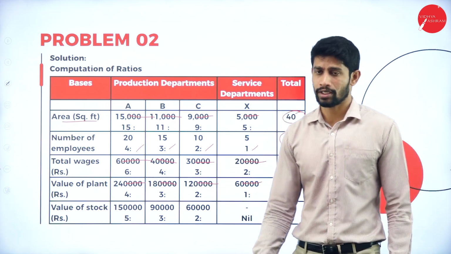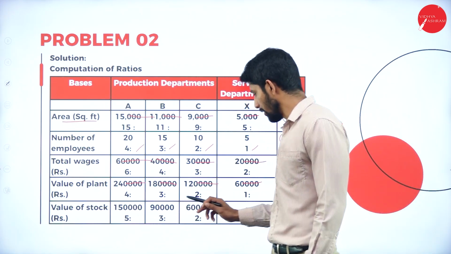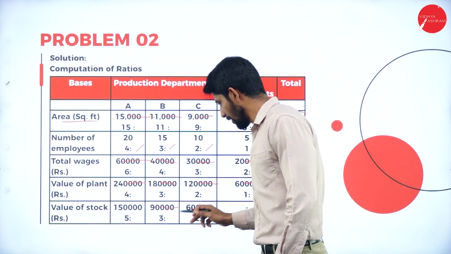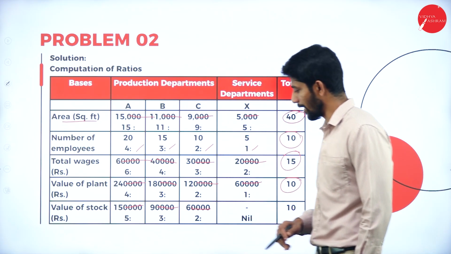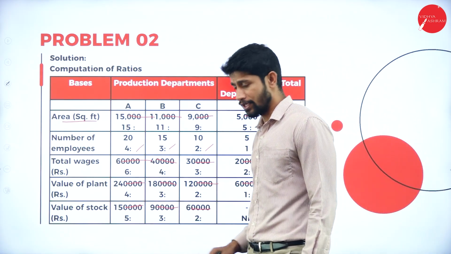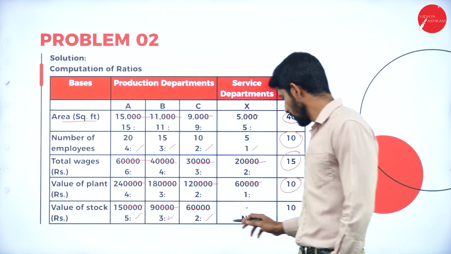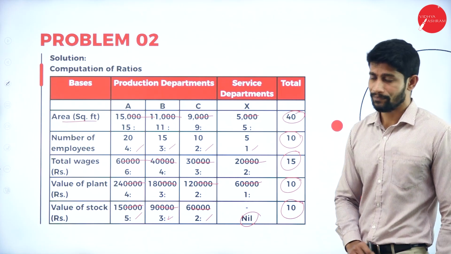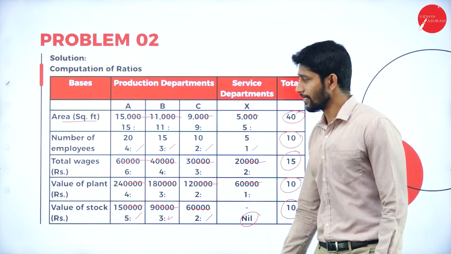Value of stock: 1,50,000, 90,000, 60,000 and nil. Cancel 4 zeros. 3 fives are 15, 3 threes are 9, 3 twos are 6. So 5 is to 3 is to 2, and in this department it is nil. Total 10.